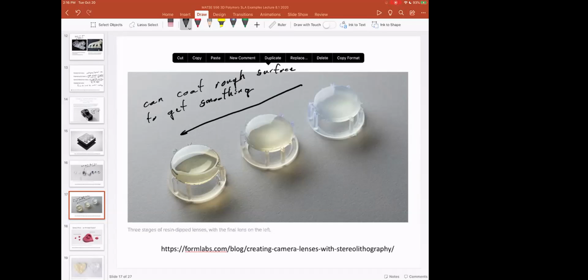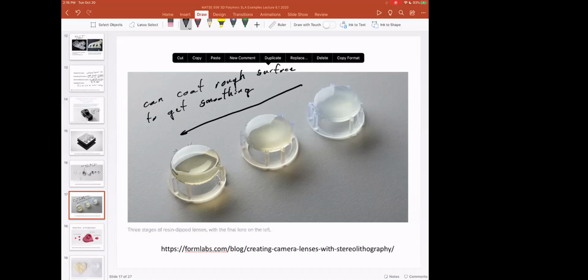You can't do solvent smoothing with SLA parts because they don't get softer when you impregnate them with solvent, but you can, in essence, this is like putting nail polish on, or putting a finished polyurethane coat on a stained table. It starts to look smoother because of this smoothing clear coat that you put on top. And so this is one of the techniques that Formlabs talks about in this application note to get really smooth and transparent structures and to even out the inherent surface roughness in the process.